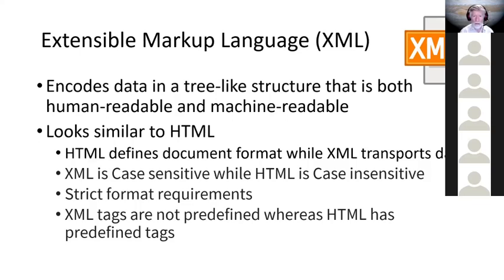Now, there are some differences between XML and HTML. HTML can be pretty sloppy. Browsers are very forgiving of miserable HTML. If you forget the closing brackets on something, it'll figure it out. You almost never get an error message saying, I can't show this HTML page. It figures out how to do it. XML, on the other hand, is picky.